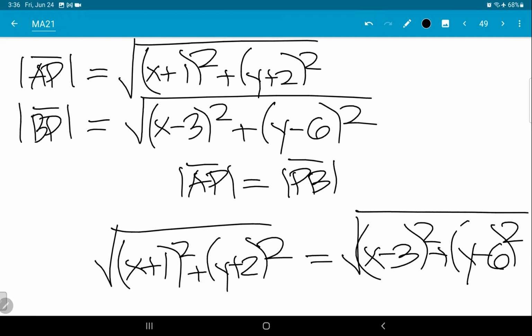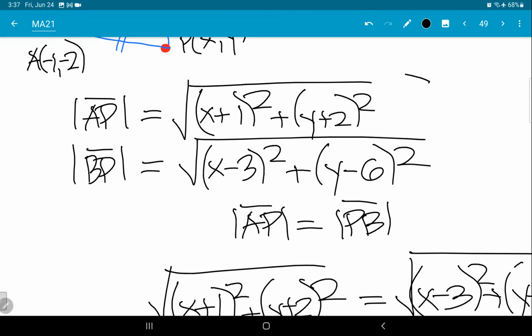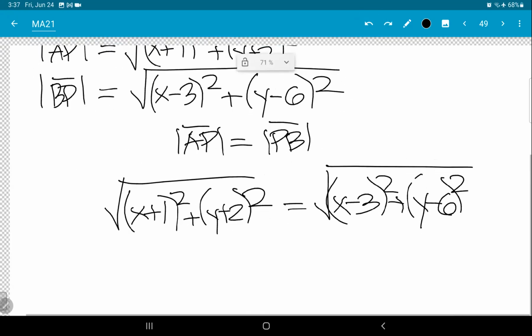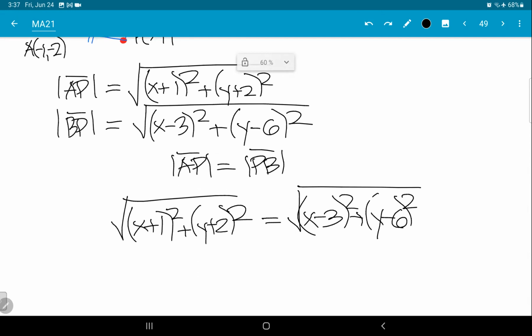So this is the equation that we can squeeze out of the problem using the distance formula. And we don't want an equation like this to represent the set of all points satisfying that given condition.